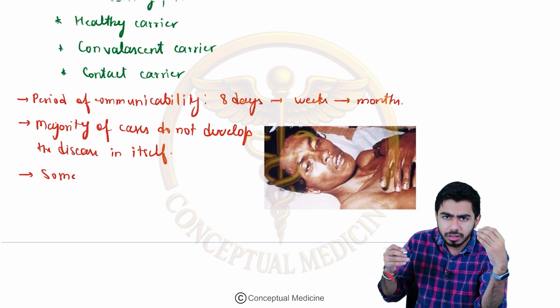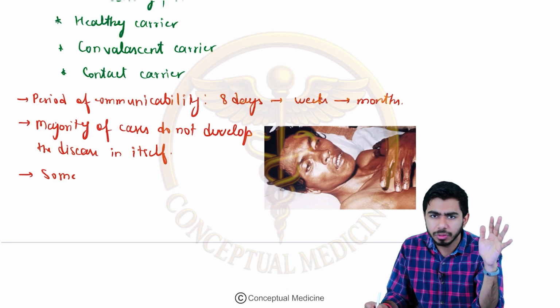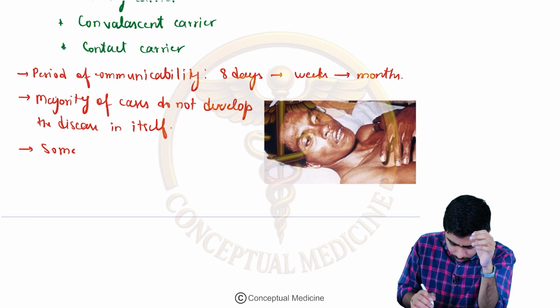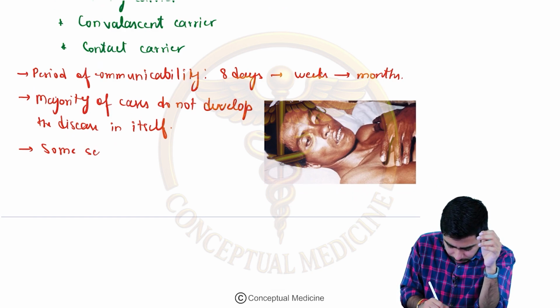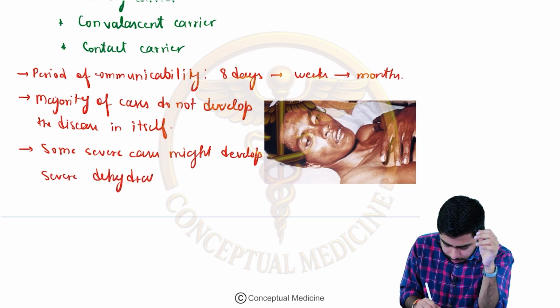They might land up in serious trouble, they will show the signs and symptoms, and full-fledged disease will be going on. So some severe cases might develop severe dehydration because of that diarrhea component.